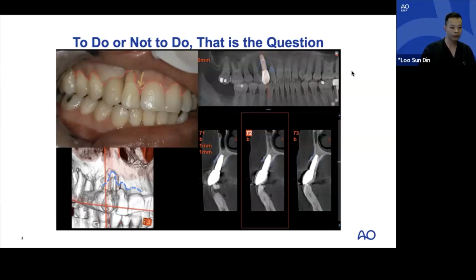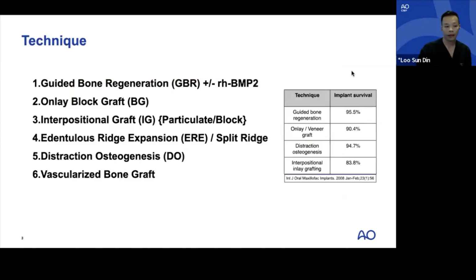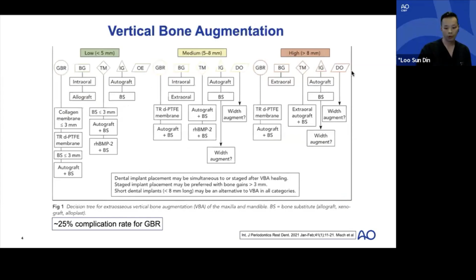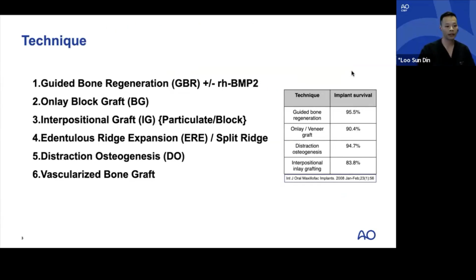Which brings us to the crux of today's topic, which is salvaging, rebuilding, and preserving the architecture of the missing bone and soft tissue. Many ways to rebuild what's missing: guided bone regeneration with BMP2, onlay bone graft with harvesting from the chin, ramus, hip, or even allograft material.